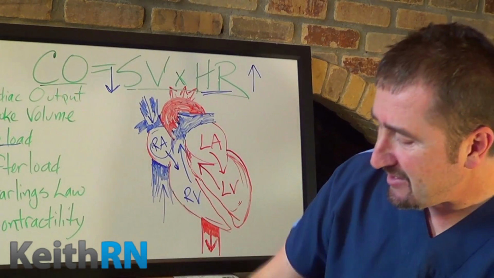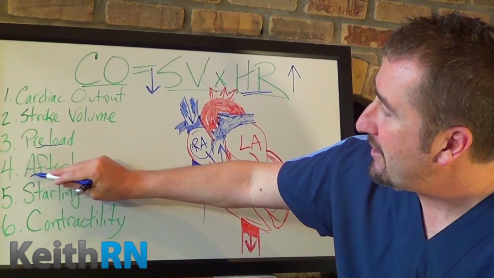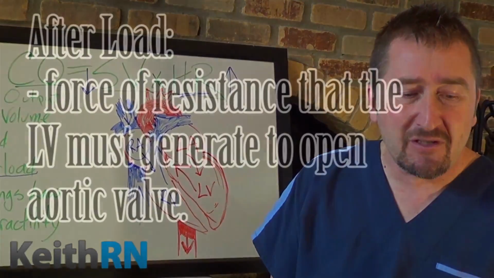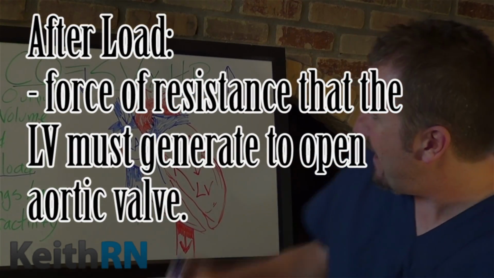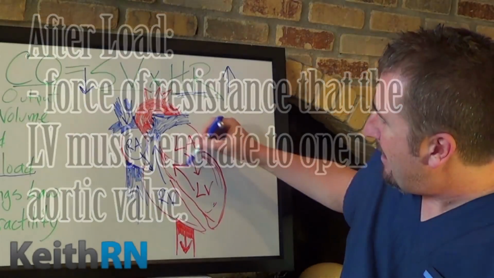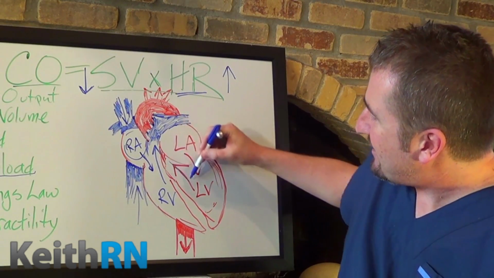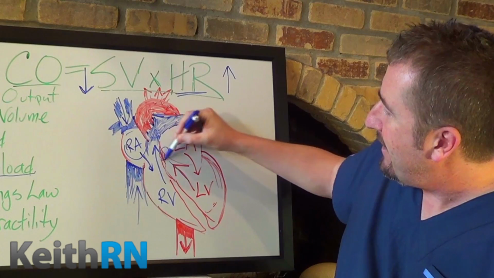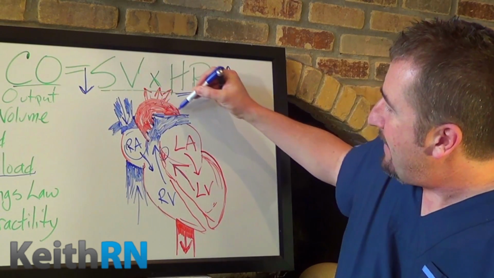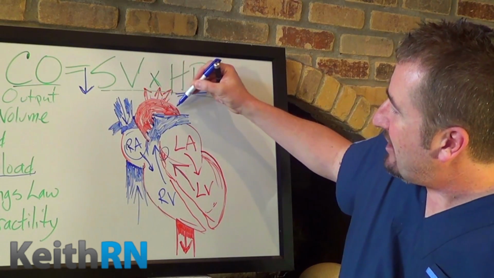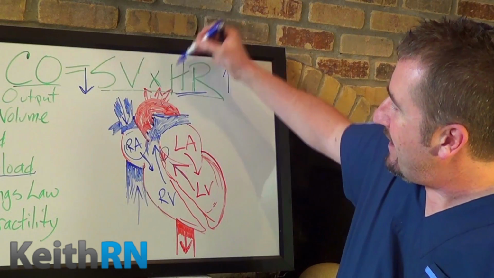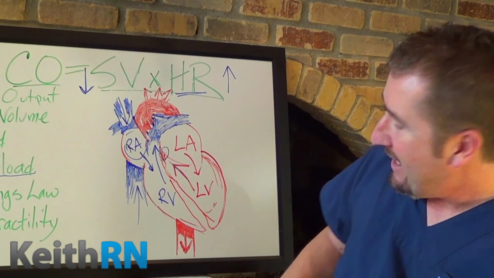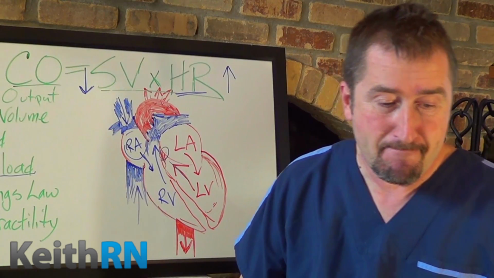So let's talk about the second determinant of cardiac output, afterload. Afterload is simply the force of resistance that the left ventricle must overcome in order to kick out its contents into the systemic circulation and open up the aortic valve, and then kick it into circulation arterially, going to the brain with the carotids, as well as then the rest of the body with the descending aorta.